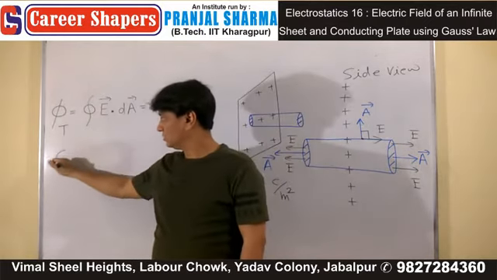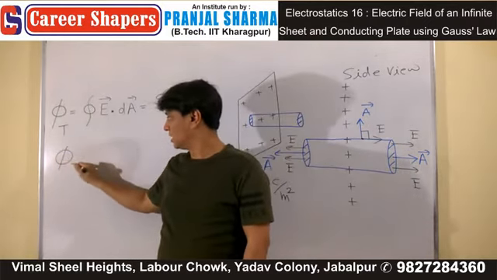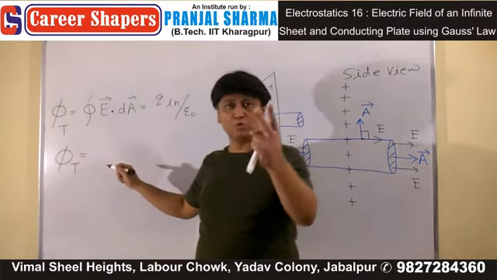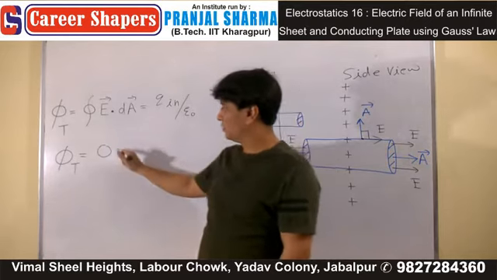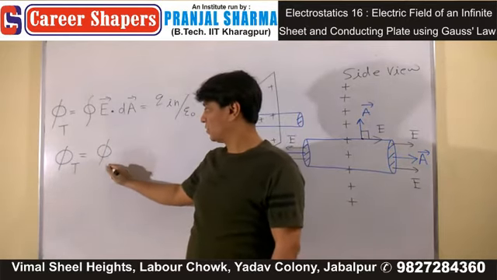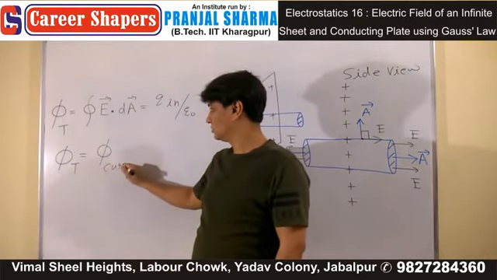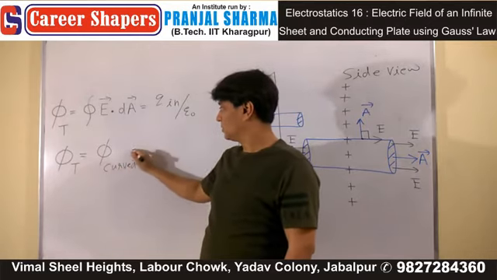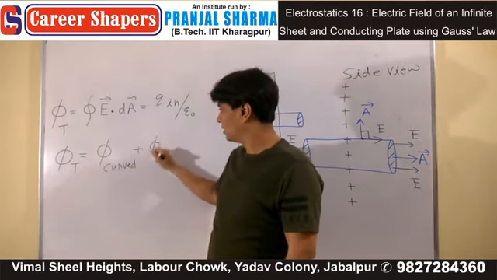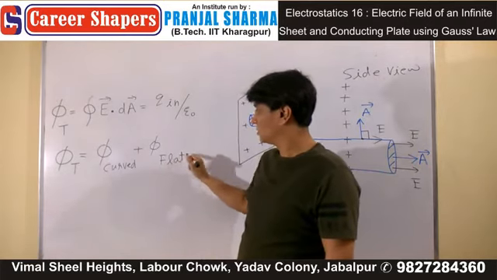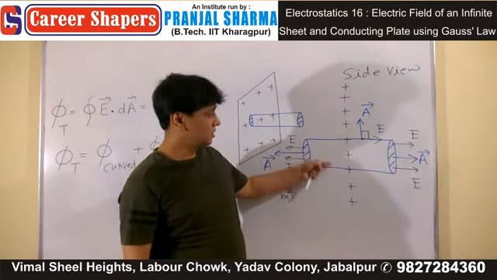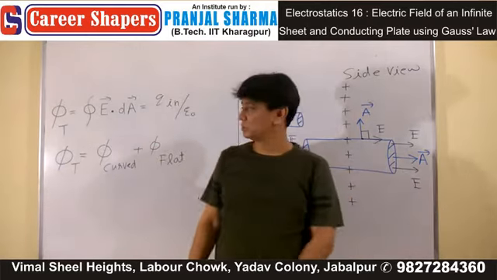This phi total, we break it in two parts for a cylindrical surface, which is phi for the curved portion plus phi for the flat portion. Curved and flat portions.